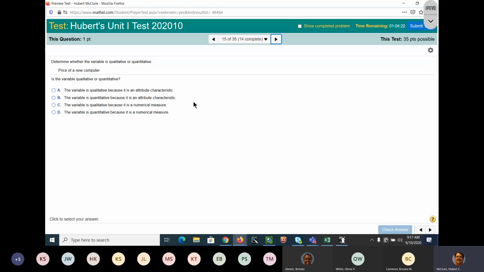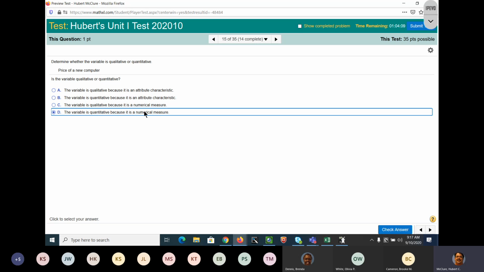Yes. So it's going to be B or D. And I would say D. Numerical measure is the 25-cent hold-your-pinky-up term for the number has meaning, mathematical meaning. That's what that means.